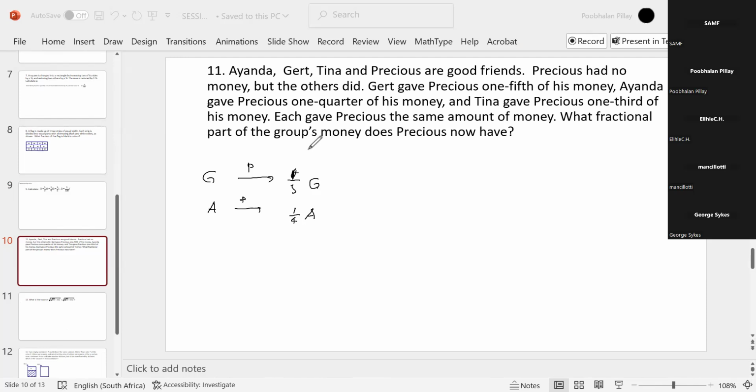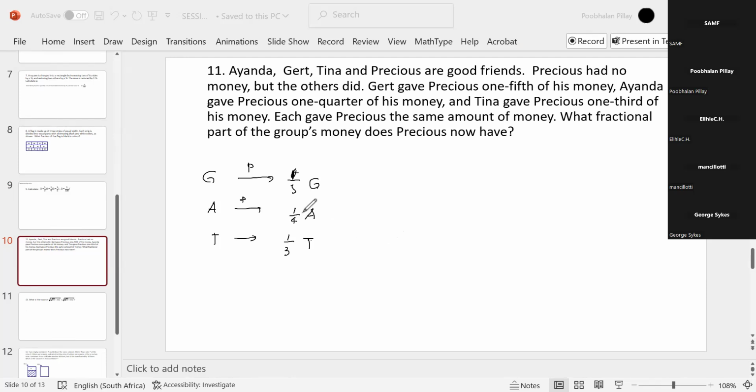And Tina gave Precious 1/3 of his money. Now, each gave Precious the same amount of money. In other words, all these are the same.